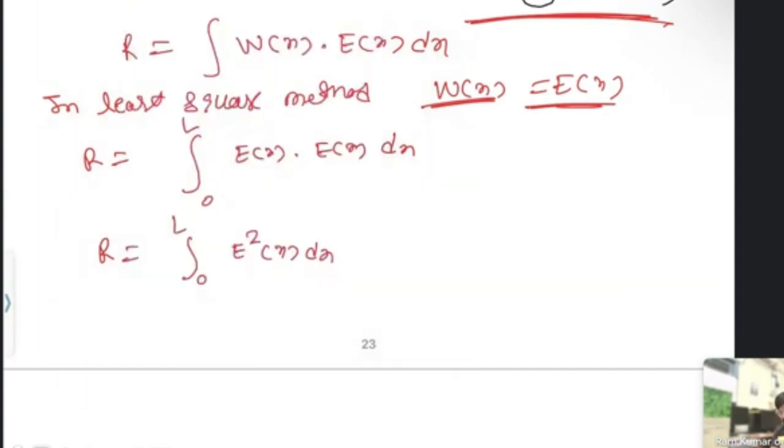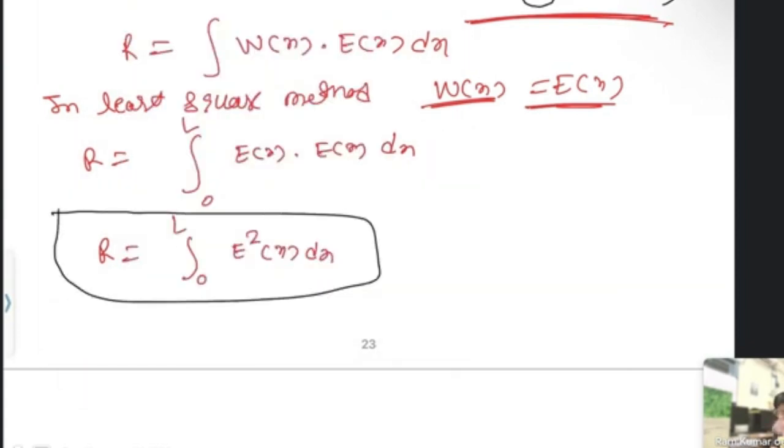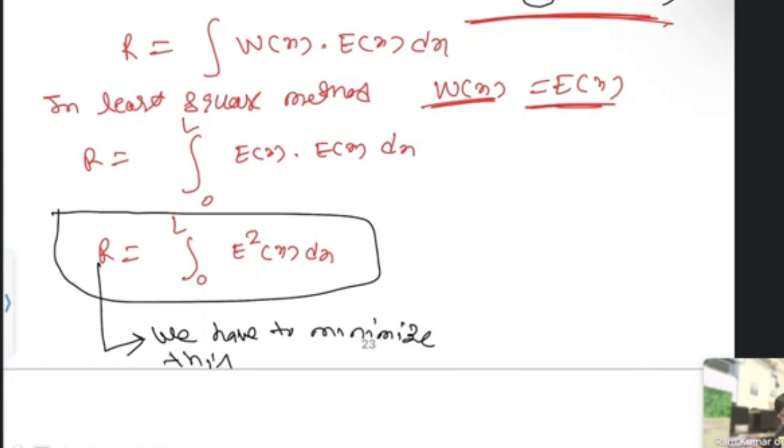Hopefully you got this till here. Now I want to minimize this R, because R contains the error, and I want to minimize that error. Normally we take the differential.